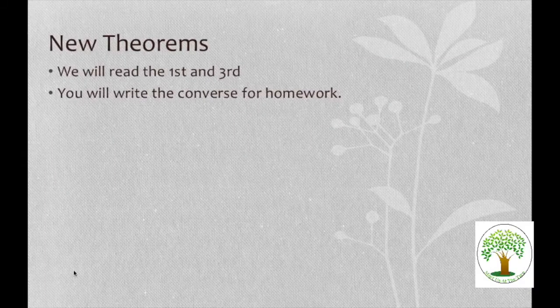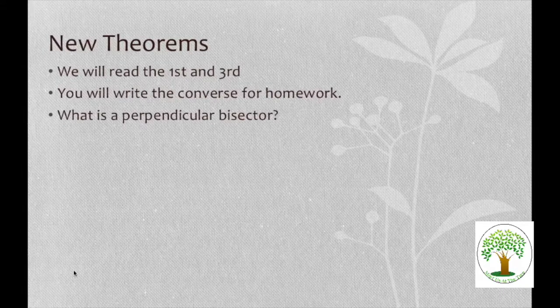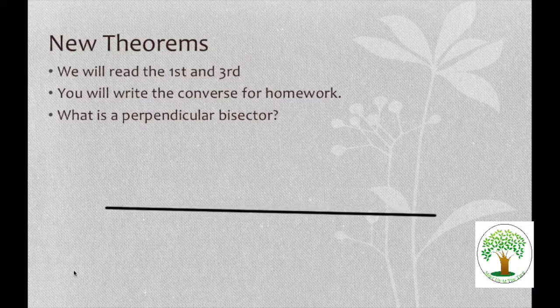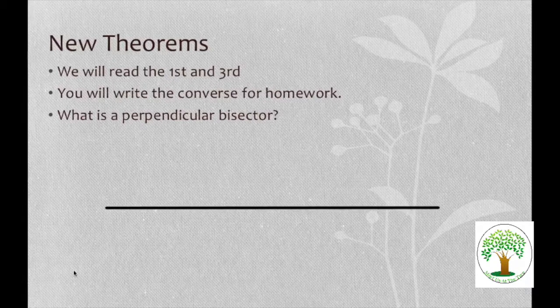And so, what's a perpendicular bisector? Something that's perpendicular to the other line and cuts it in half. Okay, so if I have a line, a perpendicular line would have to come straight down, right?